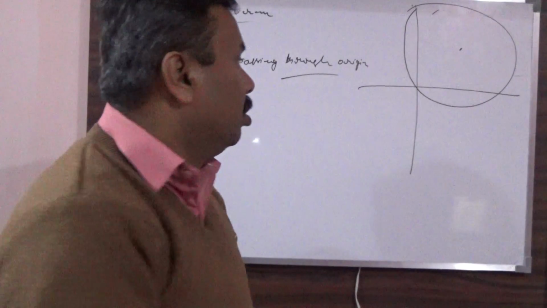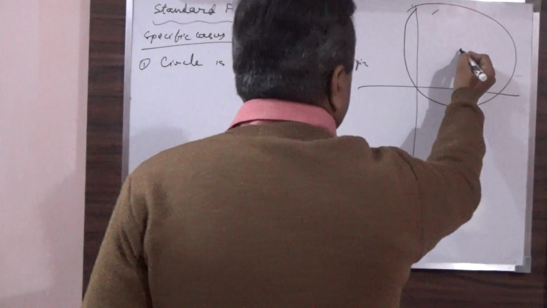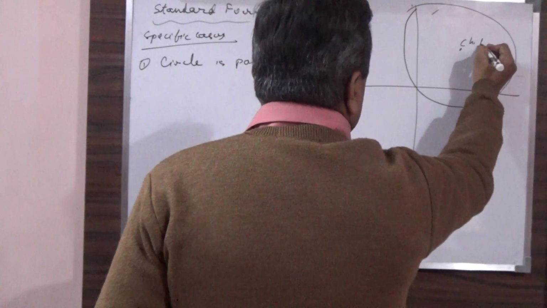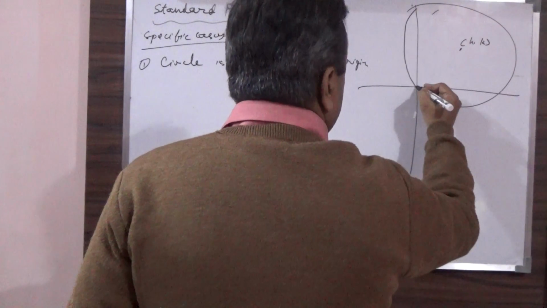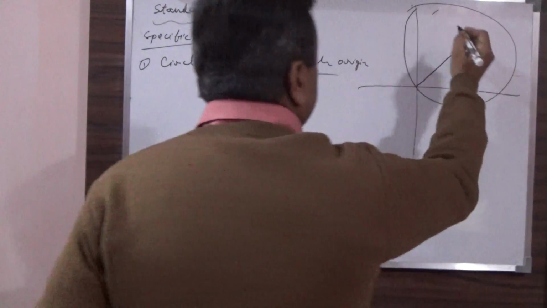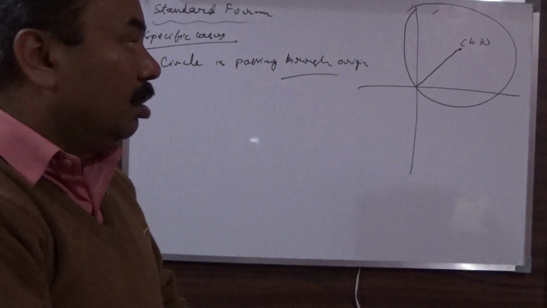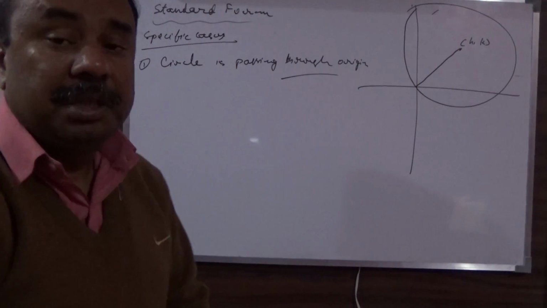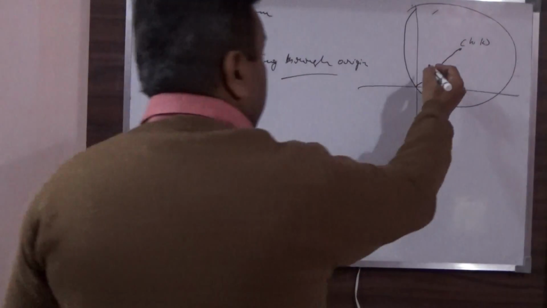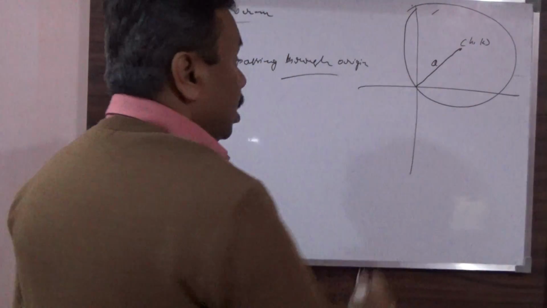Okay, now suppose that this is the center whose coordinates are (h, k). Just join from the center to this. Okay, now what will be the radius? This will be the radius because this circle is passing through the origin.